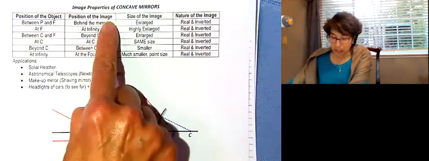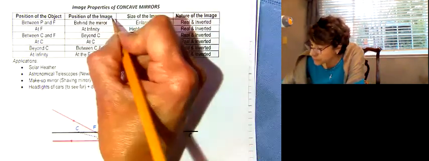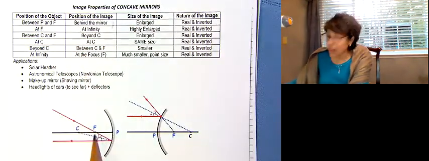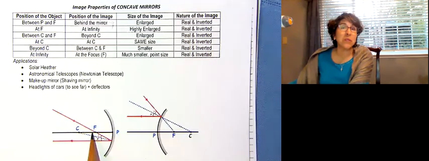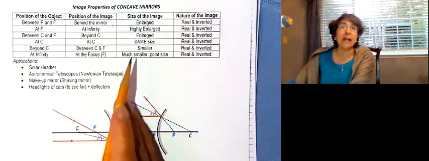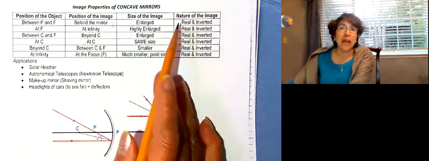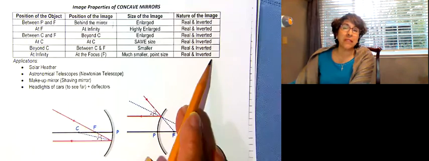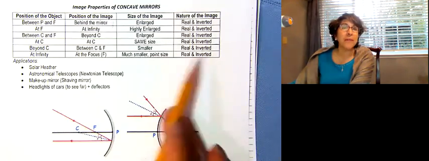Okay, so you might want to write down that Q is negative. Negative Q. Okay, if it's exactly on the focal point, and guess what? Your position's at infinity. You're not going to see one. Okay, it's highly enlarged. And by the way, always have real and inverted. So your images are always going to be upside down. That's what inverted means.